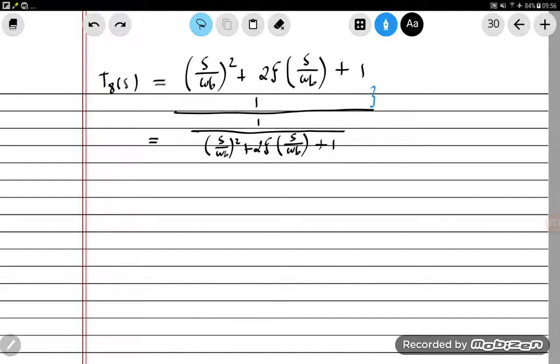So this is just the transfer function of a constant, and this is a transfer function with a pair of complex poles.